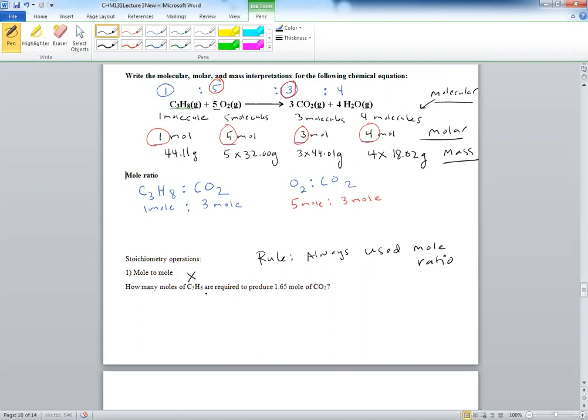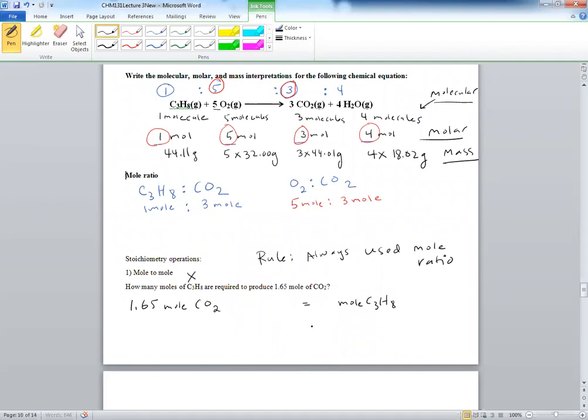I need the moles of C3H8 required to produce 1.65 moles of CO2. So I'm going to start with that right away: 1.65 moles of CO2. And I need to end with the moles of C3H8. That's what the question is asking.